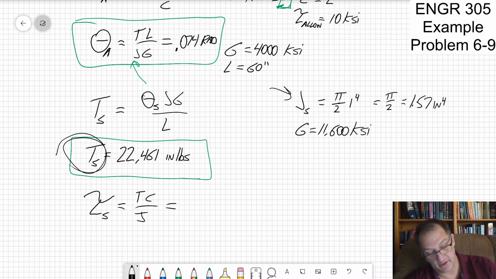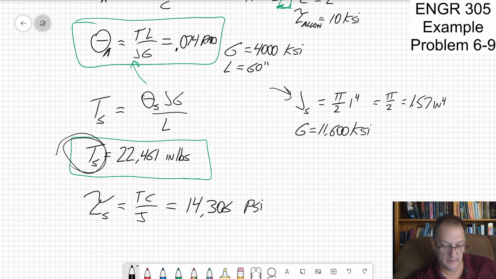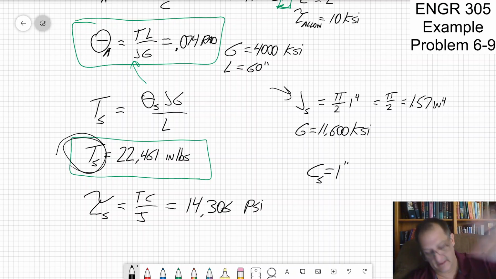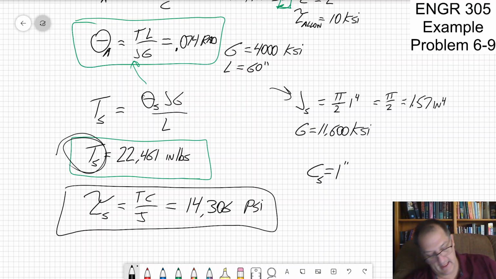Hold on. First thing I did, I just told you that C was equal to a 1/2, and it's not. C is equal to 1 for the steel, and the diameter is 2. I was thinking the diameter was 1, so I screwed that up. But anyway, I put it in correctly, and I got that answer.